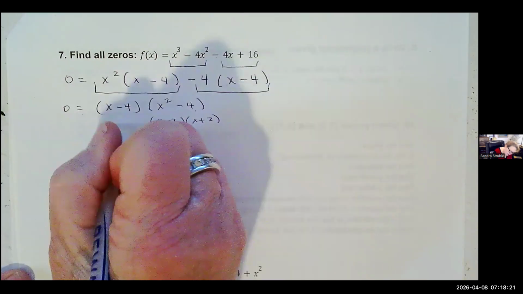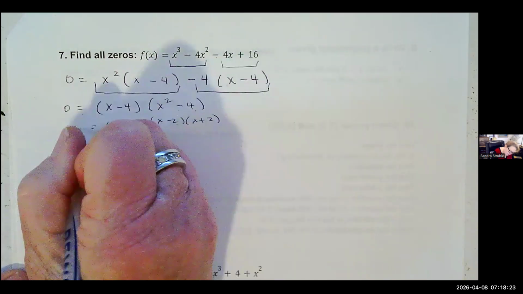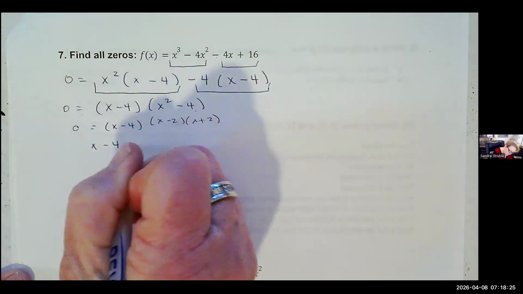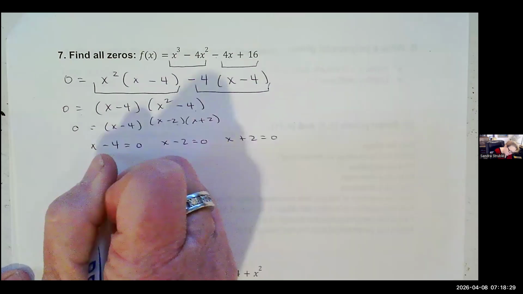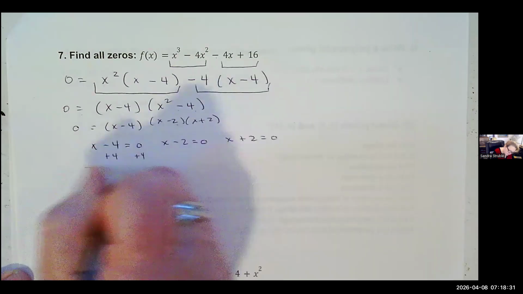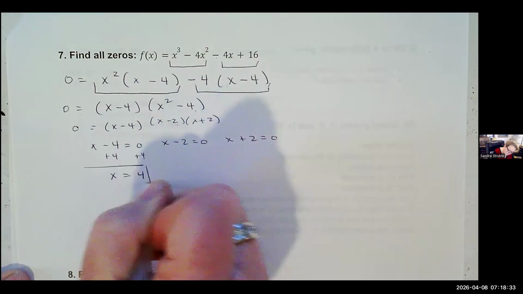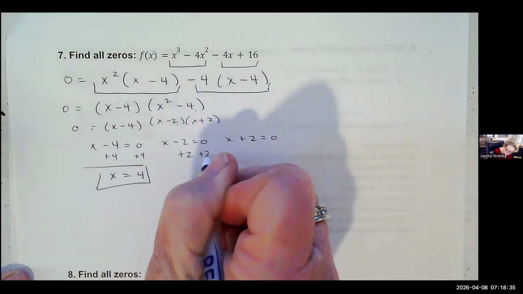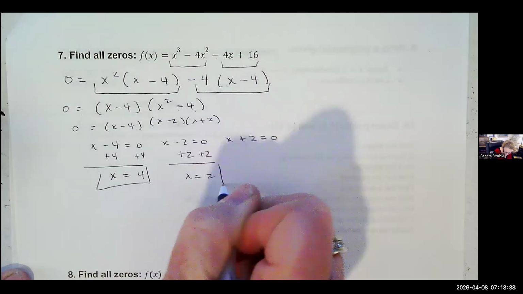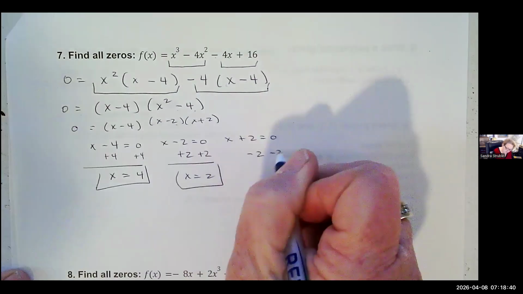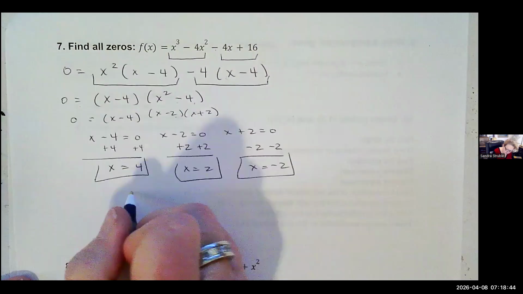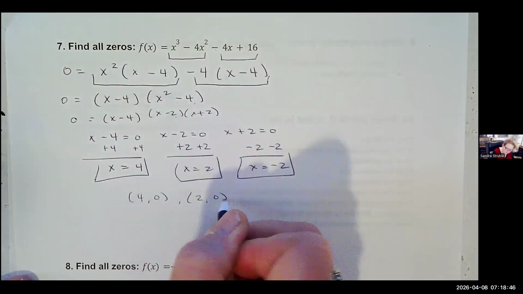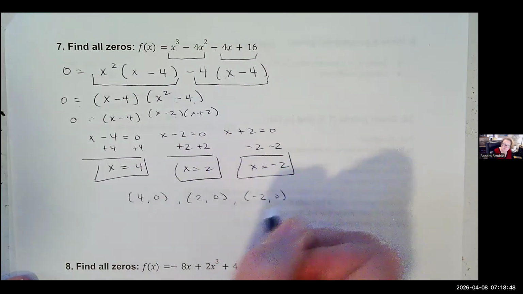Set each of those equal to 0 and solve for x. So my zeros are (4, 0), (2, 0), and (negative 2, 0). We have 3 of them. Degree of 3 makes complete sense.